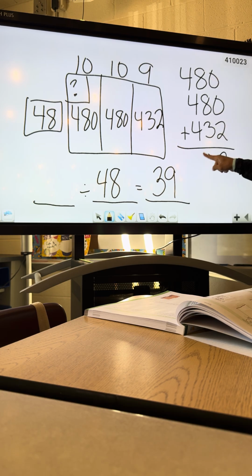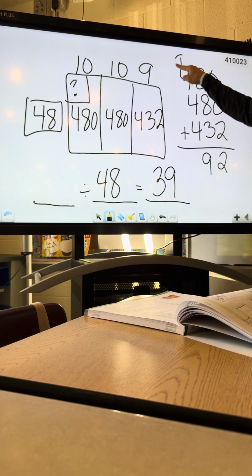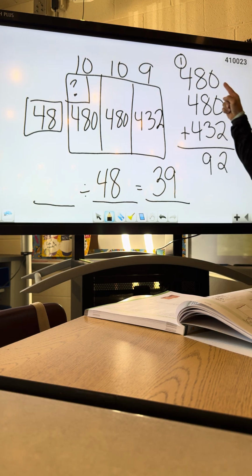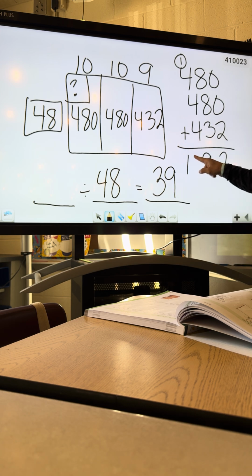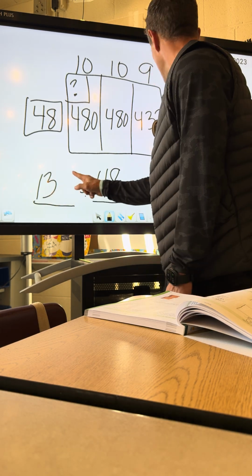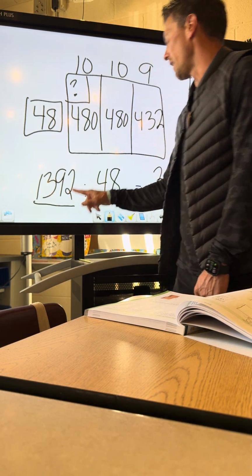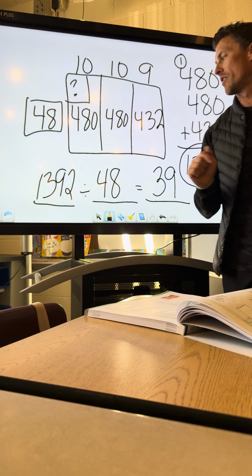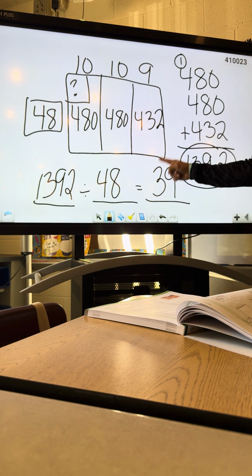Plus 3 more is 19. 1 plus 4 is 5. 5 plus 4 is 9. And 9 plus 4 more is 13. So my dividend must have been 1,392. And if I would solve this, 1,392 divided by 48, I would get an answer of 39.